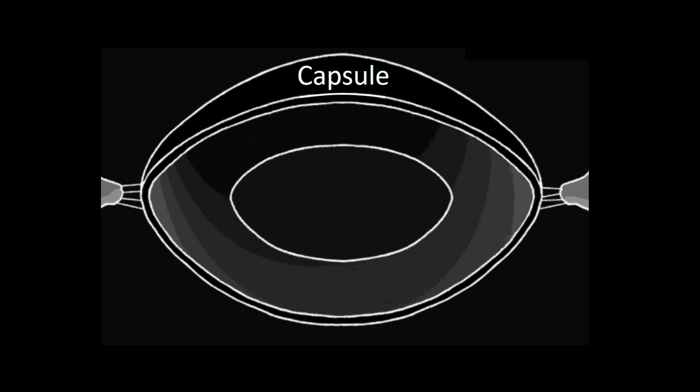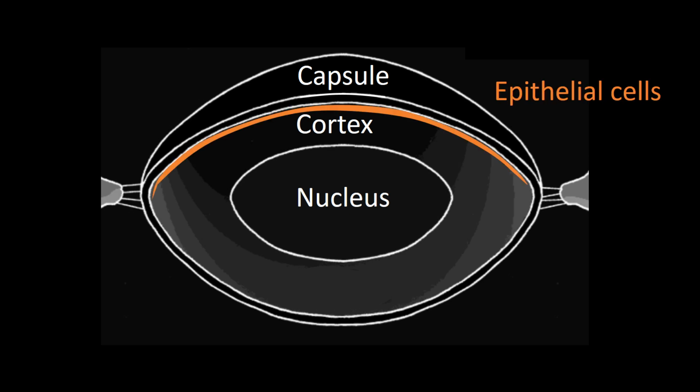The lens has a biconvex shape. The lens consists of a capsule and its interior. The lens interior can further be divided into the cortex and the nucleus. In the anterior pole of the cortex, we find a layer of epithelial cells.